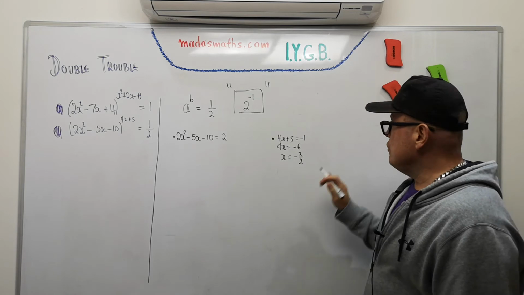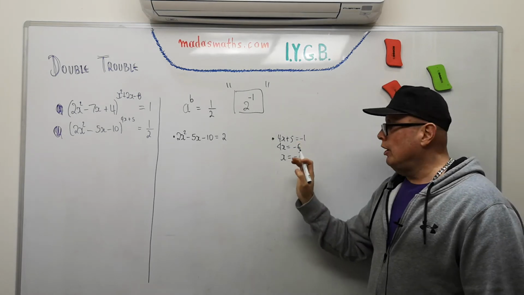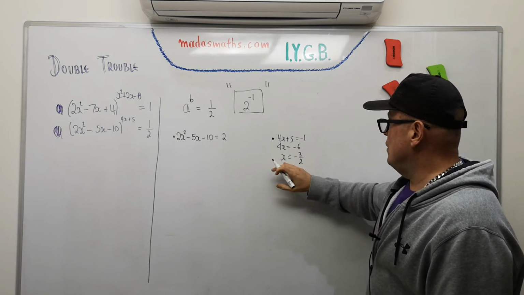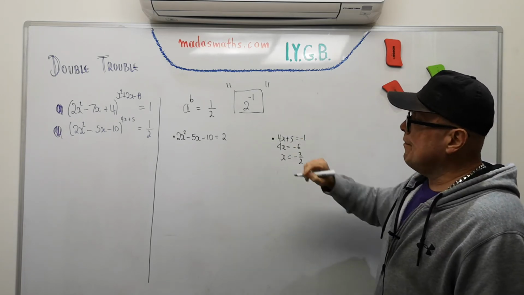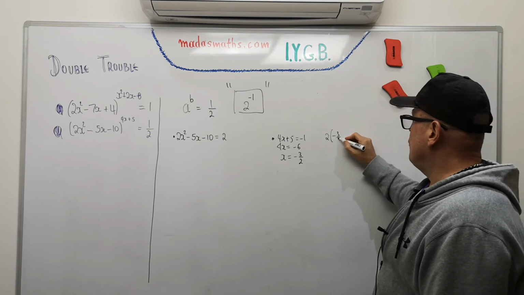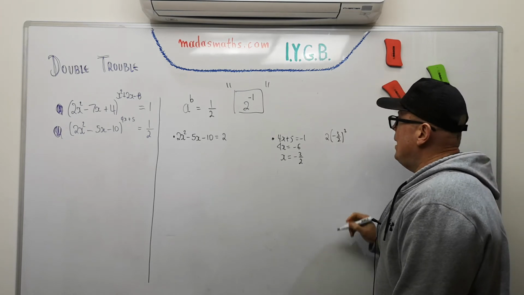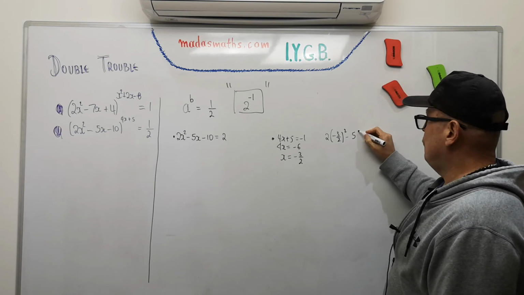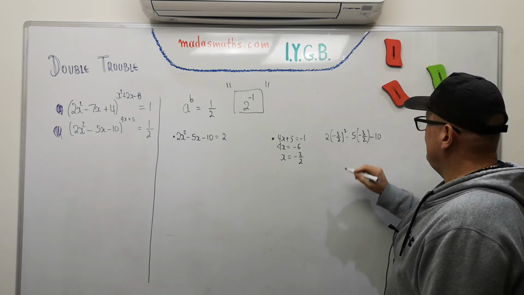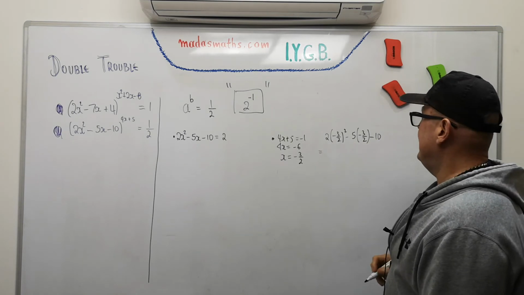We can verify this rather than solve: 2 times minus 3 over 2 all squared, minus 5 lots of negative 3 over 2, minus 10. Does it produce 2 by any chance?